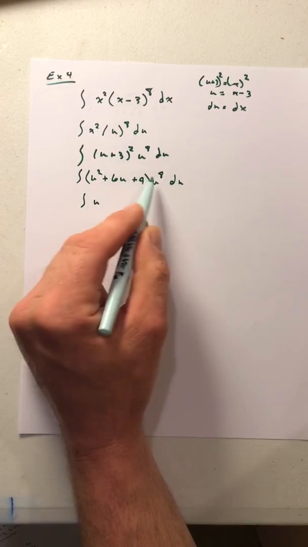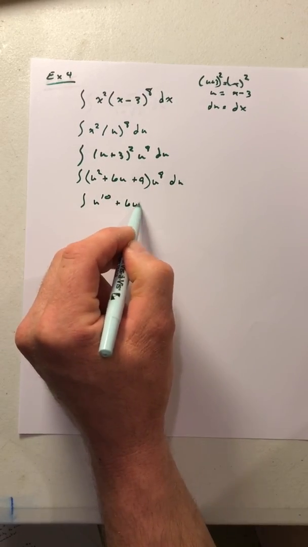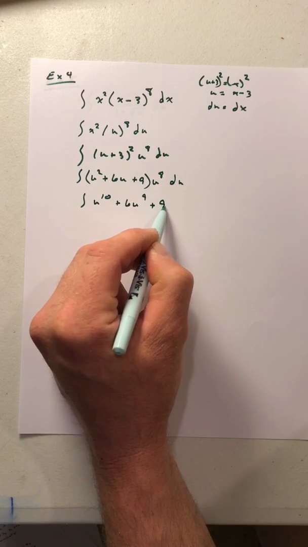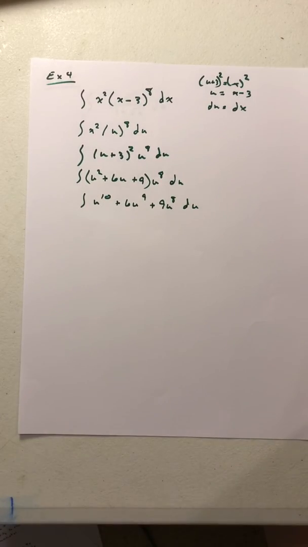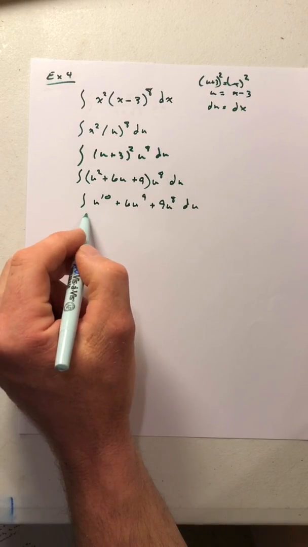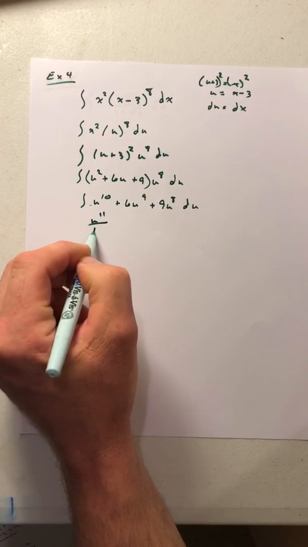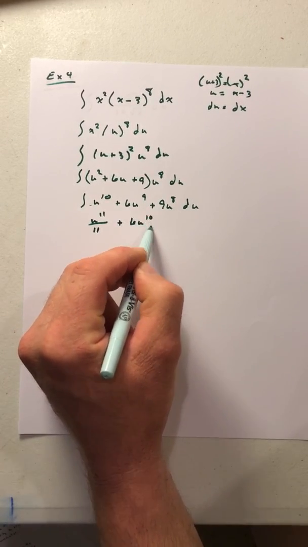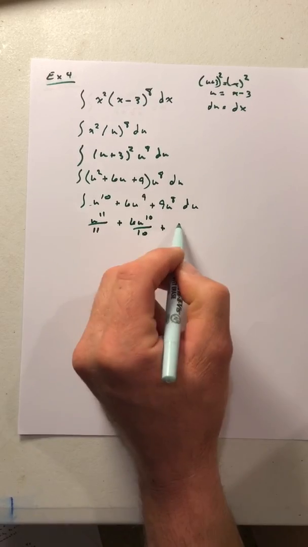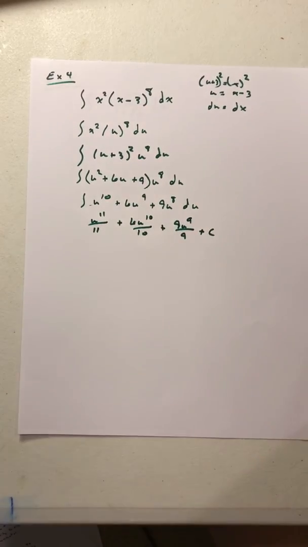So remember, when we multiply, we add the exponents, so we get u to the 10th plus 6u to the 9th plus 9u to the 8th du. We're going to go ahead and integrate, adding 1 to the exponent, so we get u to the 11th over 11, plus 6u to the 10th over 10, plus 9u to the 9th over 9, plus c.